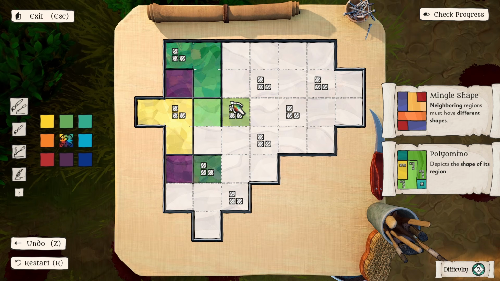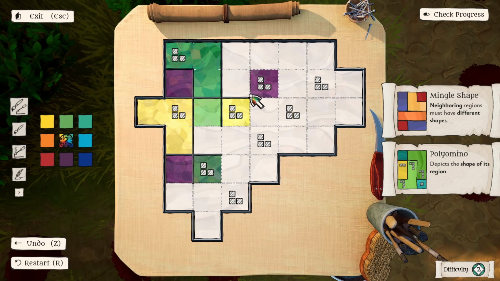Now this one cannot go there. This one cannot go here. This one can't come to here because that would conflict with all of them.